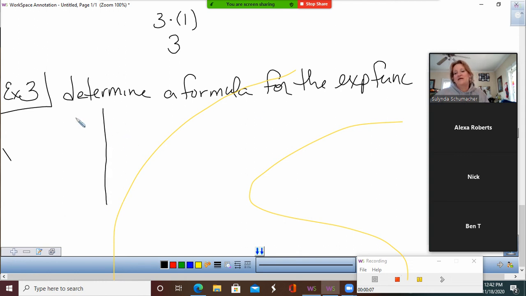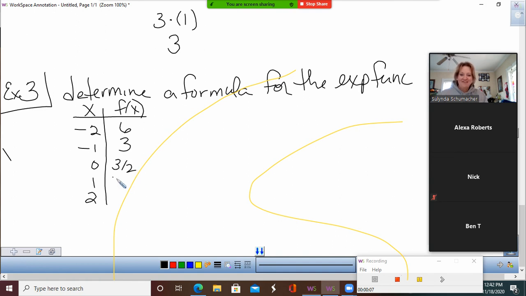You're going to get a table in your homework anyway. So if I have x and f of x, on this side I have -2, -1, 0, 1, and 2. And on this side we have 6, 3, 3 over 2, 3 over 4, and 3 over 8.